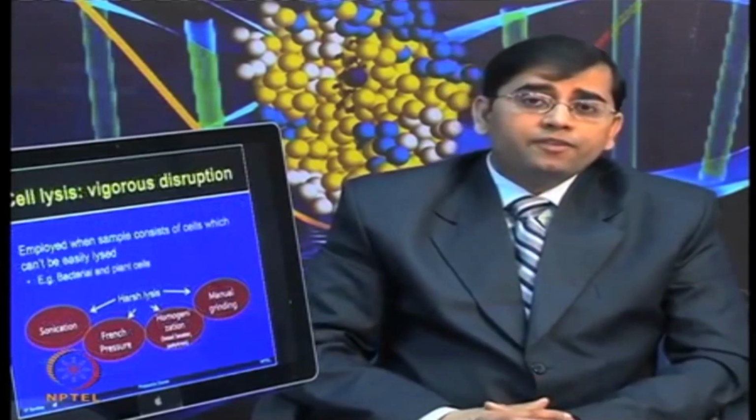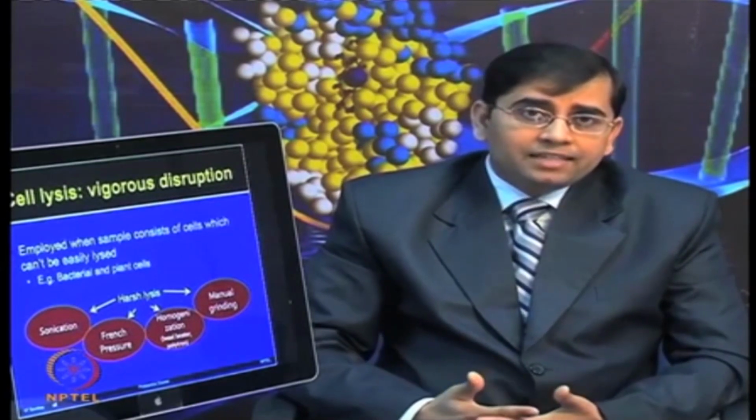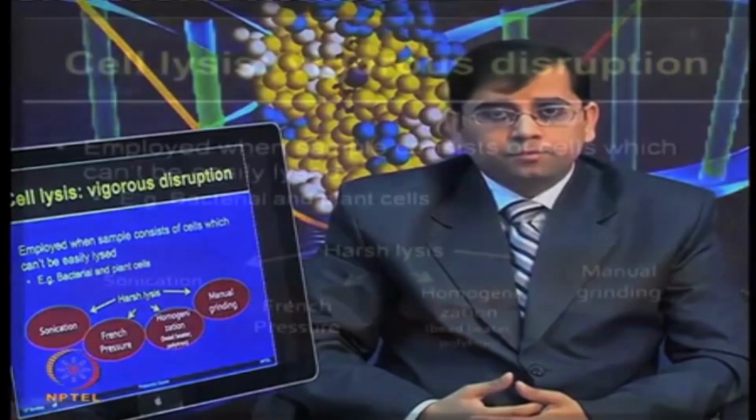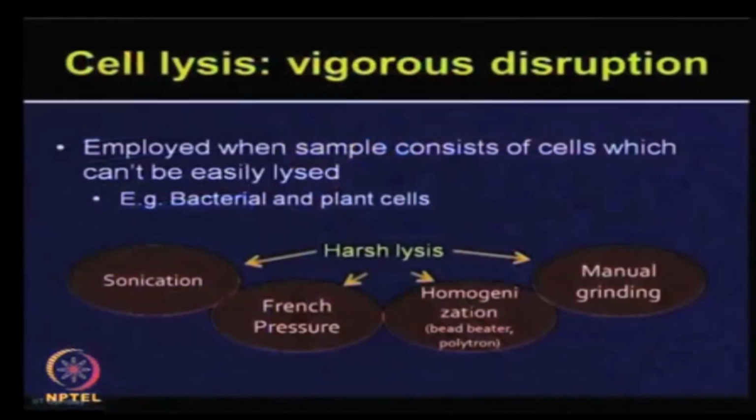Now, there are different types of challenges imposed by different types of cells. If the cells are very difficult to lyse, very difficult to break open, then you need to use vigorous disruption methods, such as sonication, French pressure, homogenization or manual grinding.